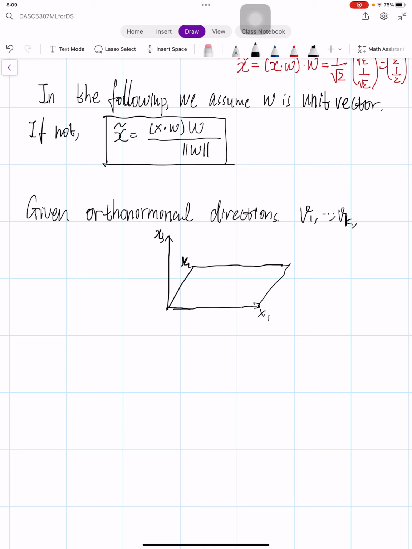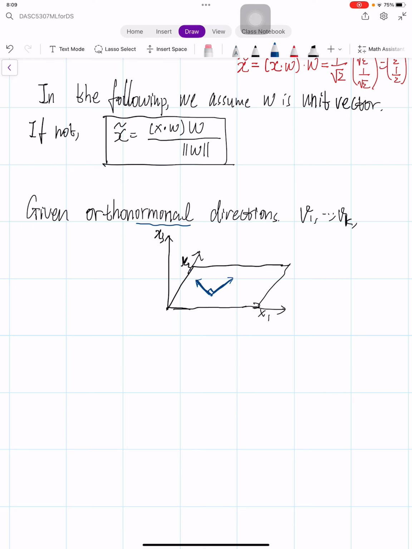Now suppose in the x1, x2 plane, maybe let me draw a little bit more here, we have orthonormal vectors, which means we have vectors in the x1, x2 plane that are perpendicular to each other, and each of them is also a unit vector.